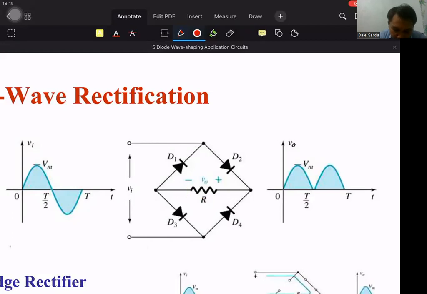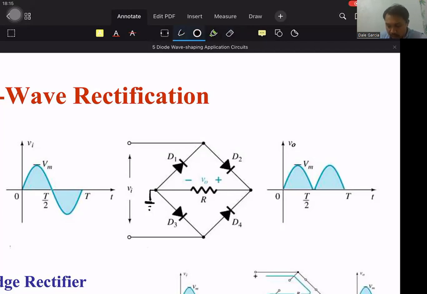Normally, the ground is connected to our resistor, and because the ground is there, that is the negative terminal of our resistor, and this one is the positive. So we will measure our output voltage with that kind of reference. This one as the positive, this one as the negative.